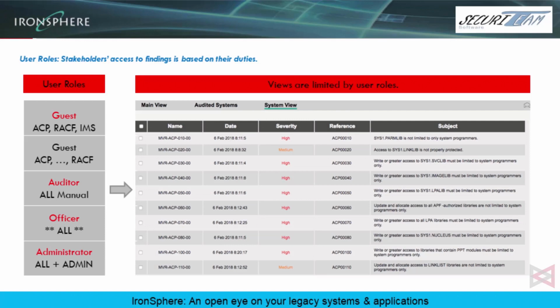Remember that these groups organize the STIGs based on a common area of coverage, like I said, TCP/IP, operating system, RACF, Top Secret, etc. There's a relation between the checks in the group.